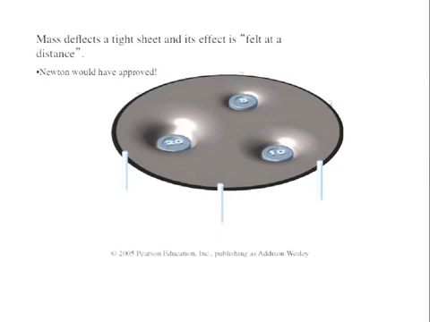Now, here's the idea. You put a sheet, and the sheet has little coins on it, weights, 10 pounds, 20 pounds, 5 pounds. You know the 5-pound weight doesn't deflect it as much as the 10-pound or 20-pound weight. So the effect of this 5-pound weight is not as significant as a 20-pound weight. And this gives you action at a distance. The sheet is bent.